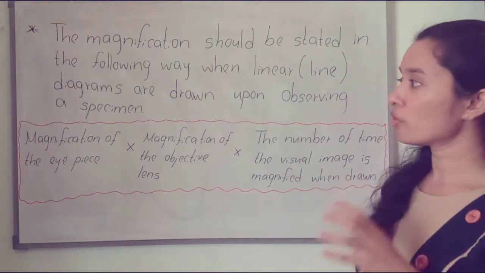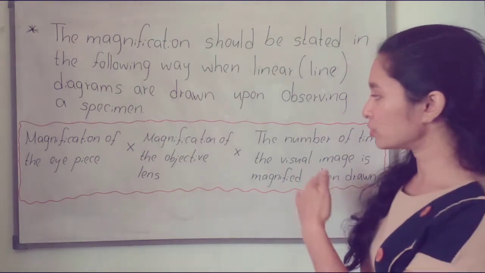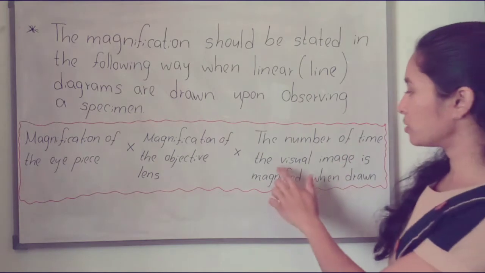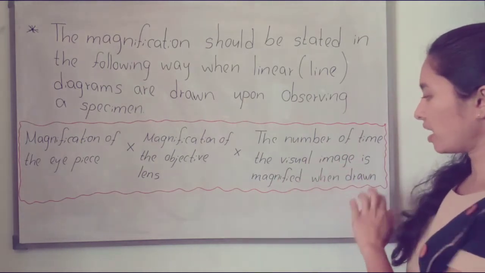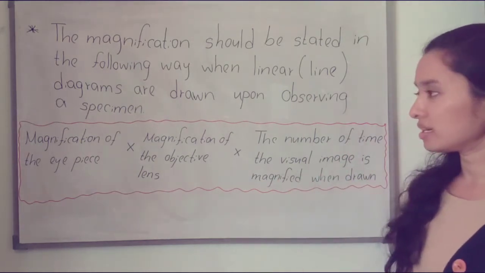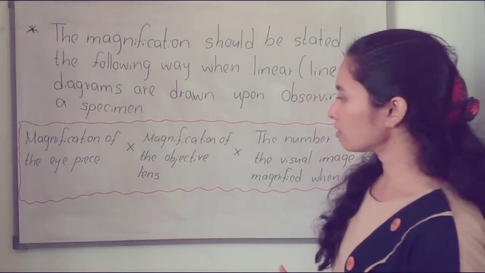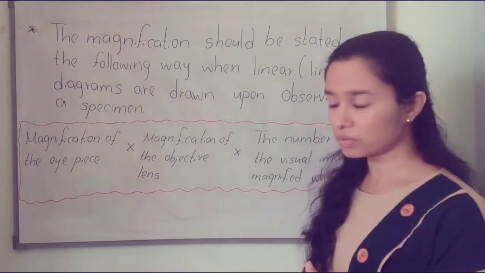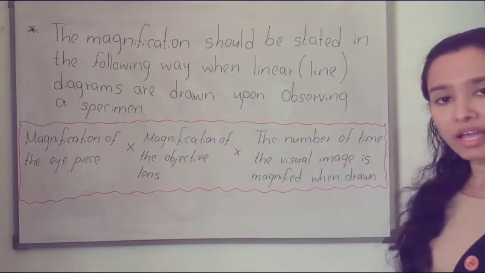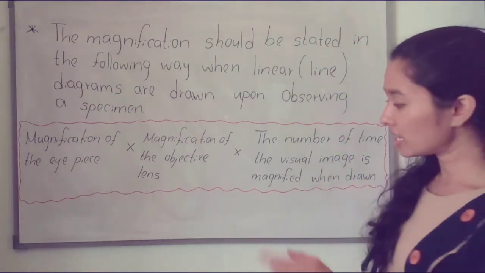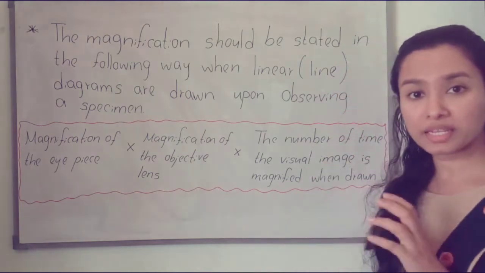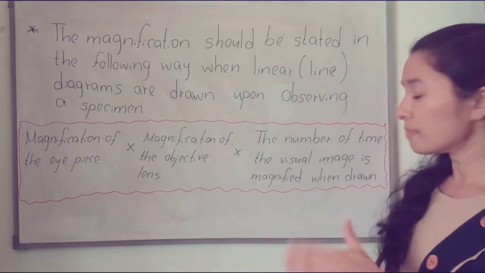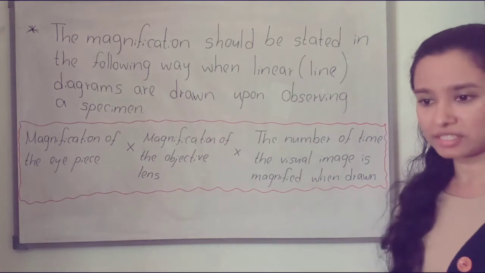When you are drawing, you have to add the number of times the visual image is magnified when drawn. That means when you draw the diagram that you observed, you have to magnify the visual image, and you have to mention how many times you have magnified it.